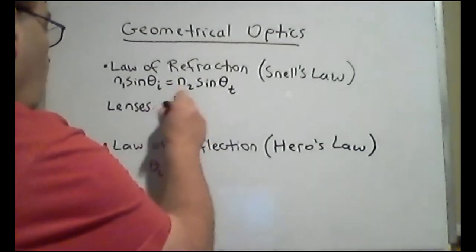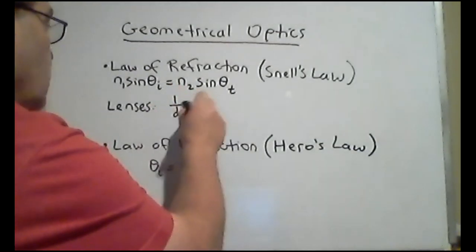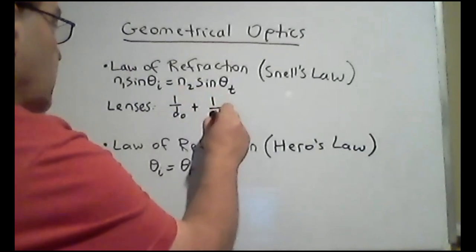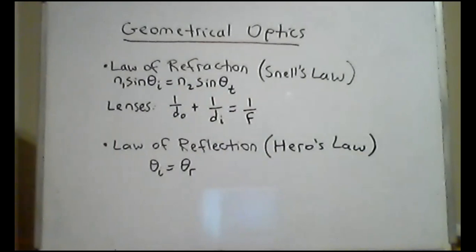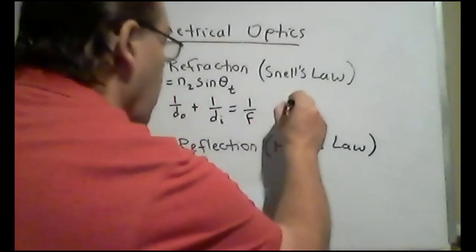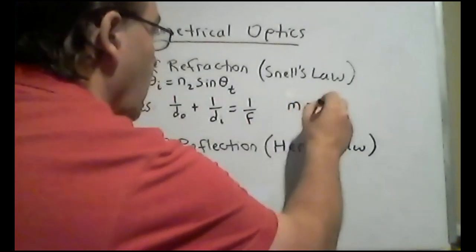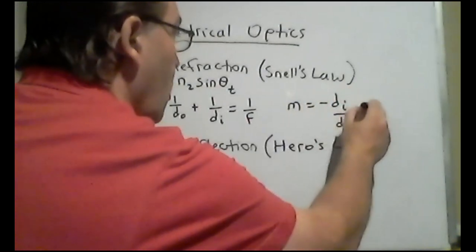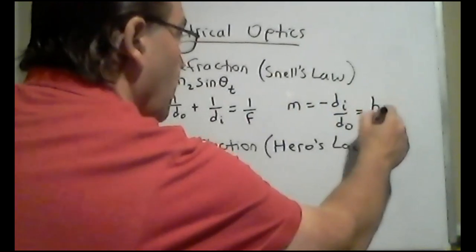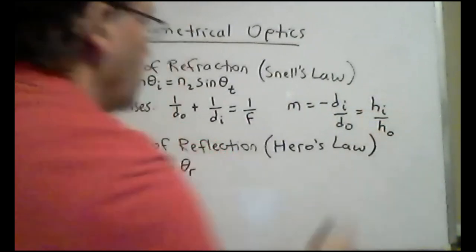But you'd find out that 1 over the object distance plus 1 over the image distance is 1 over the focal length of the lens. And you have an expression for the magnification, which is either negative d sub I over d sub O, or also the ratio of their heights, h sub I over h sub O.